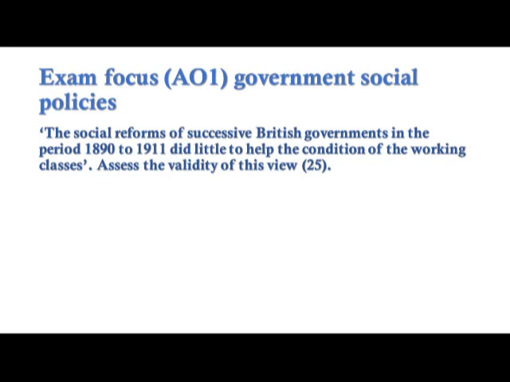So we're going to switch our focus now to social reform, government social policy. The question is: the social reforms of successive British governments in the period of 1890 to 1911 did little to help the condition of the working classes. So how valid is this view?